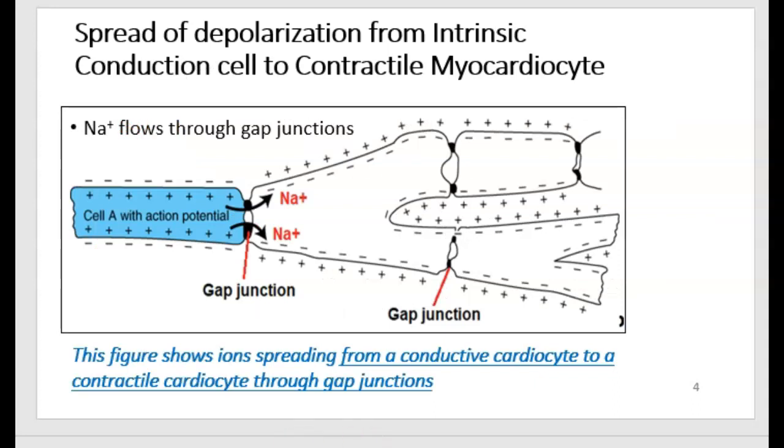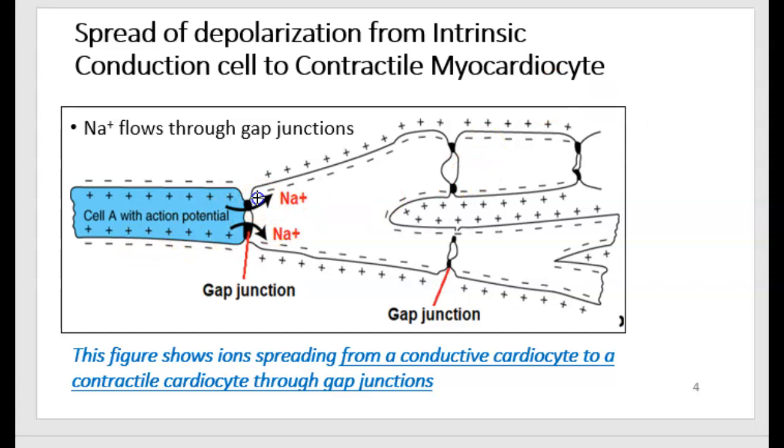So this is one of the theories of the way that depolarization is spread from cell to cell within the heart, whether it be from a non-contractile cell to a contractile cell, or between two cells that contract, whatever two cells we're talking about.